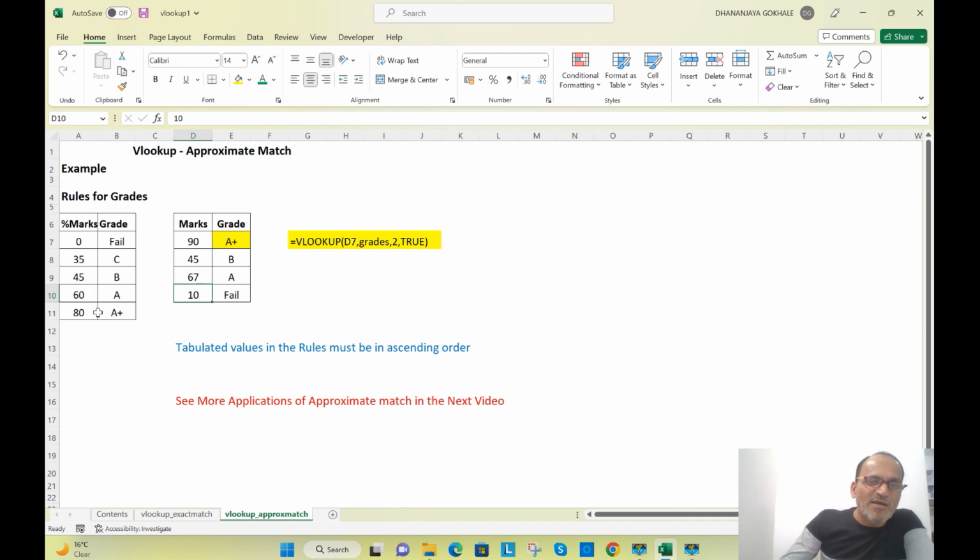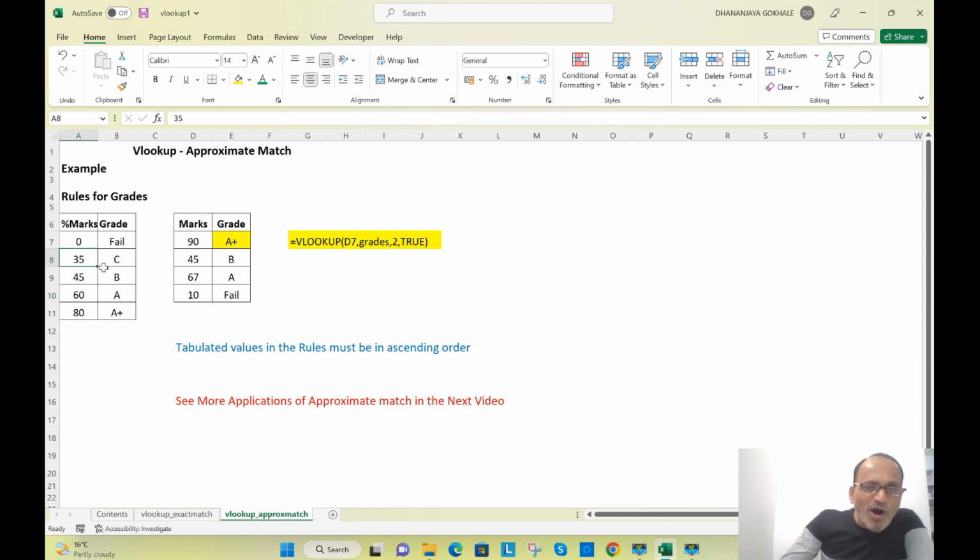Okay, that means is it below 0? It's not below 0. Then look at 35. Is our value below 35? Yes. And so nearest to that, because you will feel it is below 45 also, but it is not nearest to that, it is below 35. So nearest lower value. So this 10 is nearest lower value of 35.